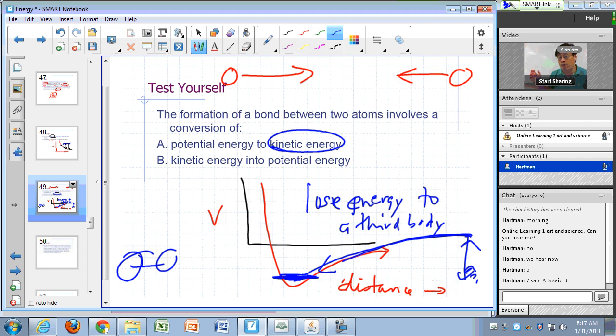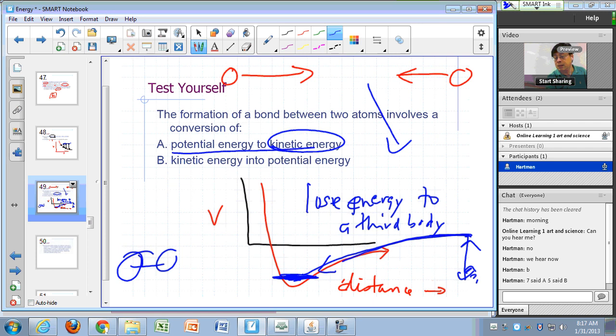And so you have what's called an exothermic process, because as they get together, they give up energy to a third body, so the atoms around the wall surrounding them would now have more kinetic energy, so the object gets hot. So bond formation, we say, is an exothermic process.